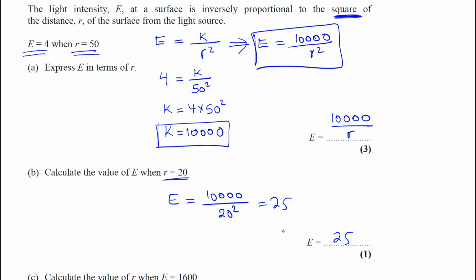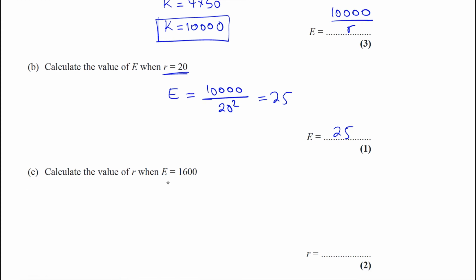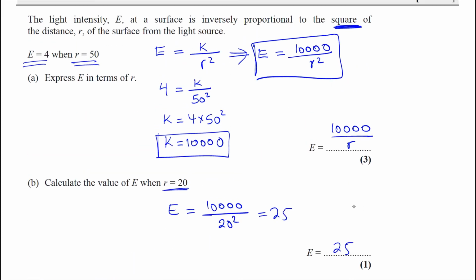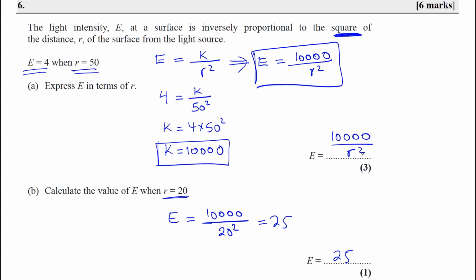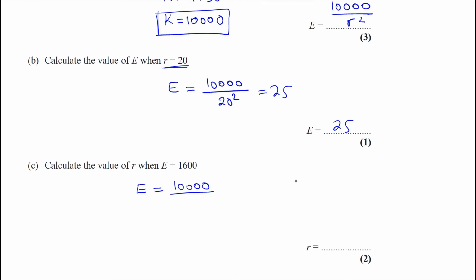And then the next question: calculate the value of R when E is equal to 1,600. Again, we know the equation connecting the two variables is E equals 10,000 over R squared. Oops, forgot to write R squared here. But E is given by 1,600.